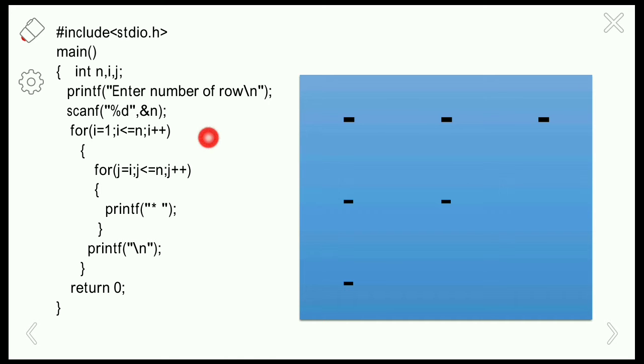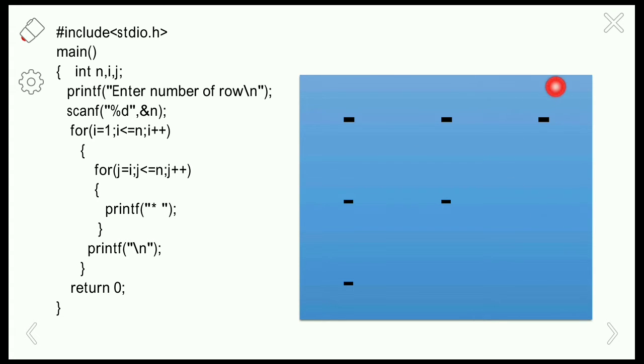For every run of the outer loop, the inner loop will execute n number of times. The inner loop is going to print the columns. After executing the outer loop once, in the particular row it is going to print the columns, right? In this fashion it is going to print the columns.